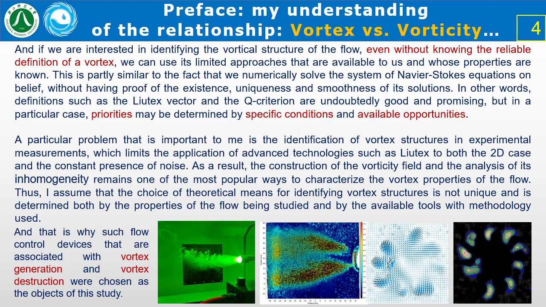As a result, the construction of the vorticity field and the analysis of its inhomogeneity remains one of the most popular ways to characterize the vortex properties of the flow. Thus, I assume that the choice of theoretical means for identifying vortex structures is not unique and is determined both by the properties of the flow being studied and by the available tools with methodology used.